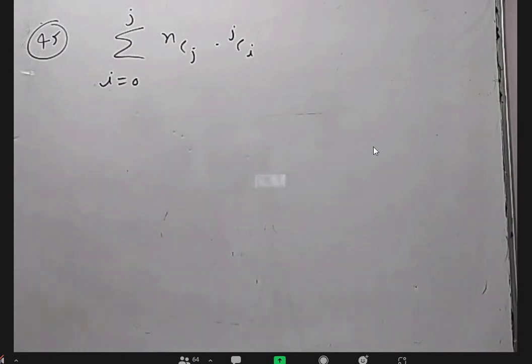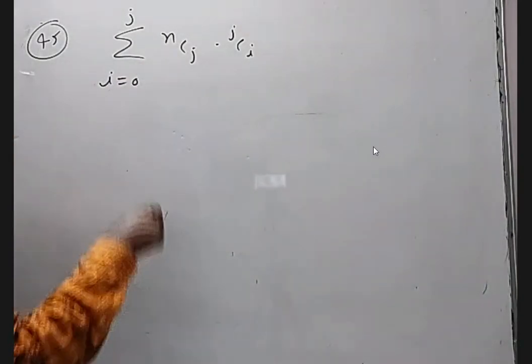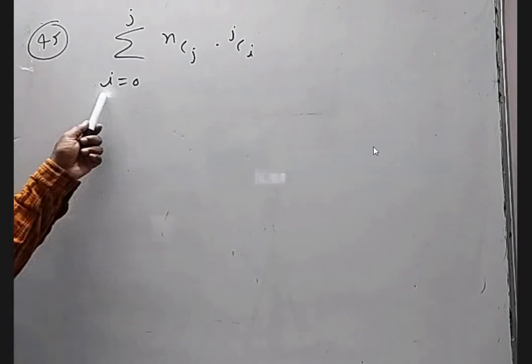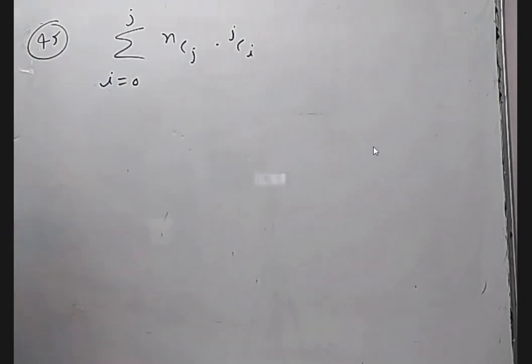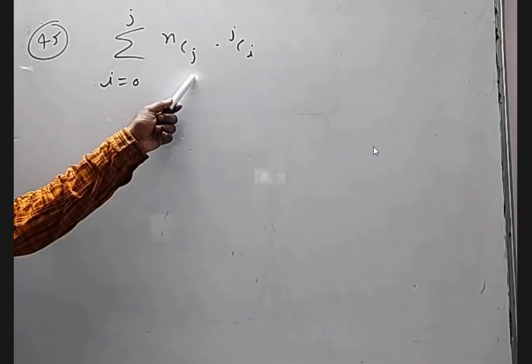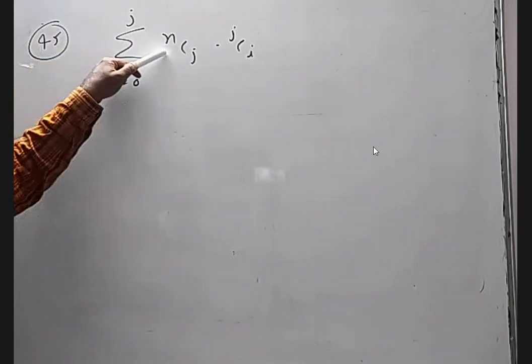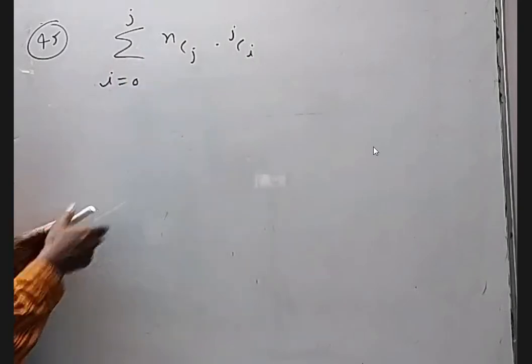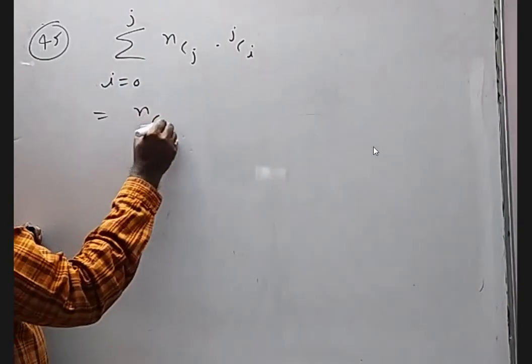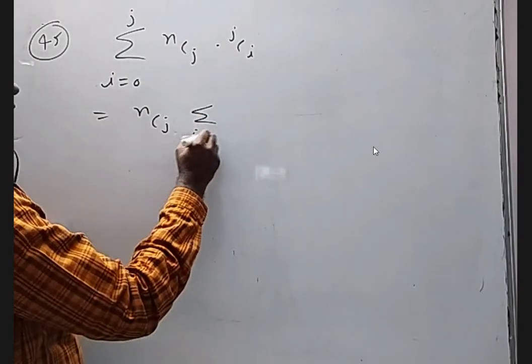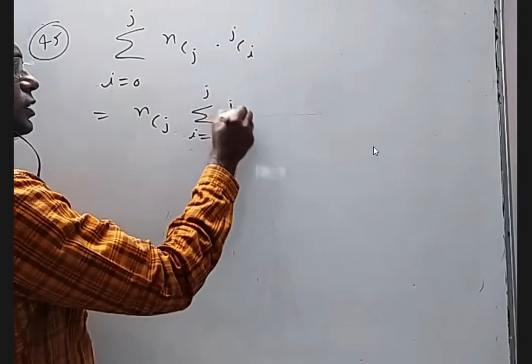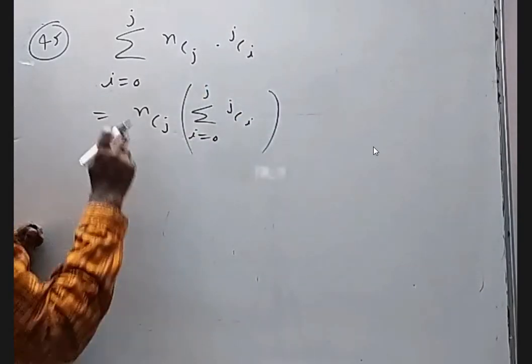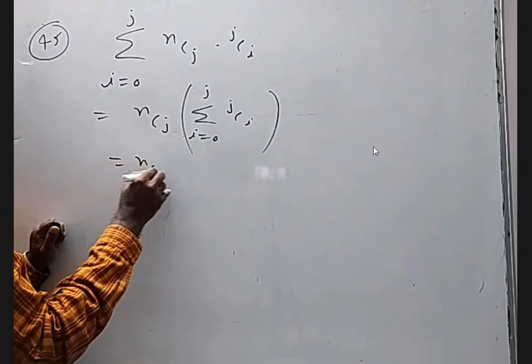If you look at only the inner sigma, what is the variable? i is varying from 0 to j, correct? Yes. That means j is a constant because this upper limit is constant. n is also constant. So I can take out nCj then. If I take out nCj, you'll get sigma i equal to 0 to j of jCi. Because both n and j are constants, I could do that.